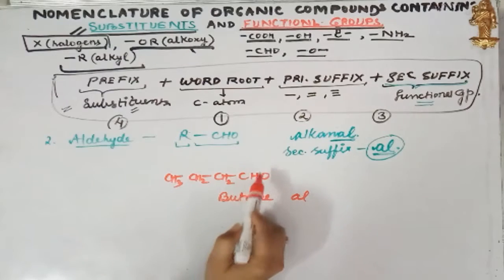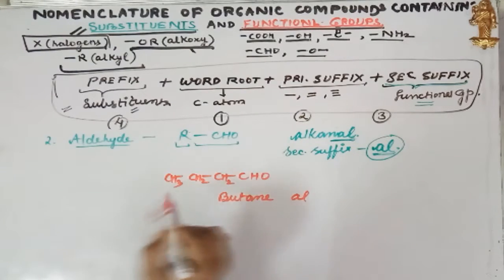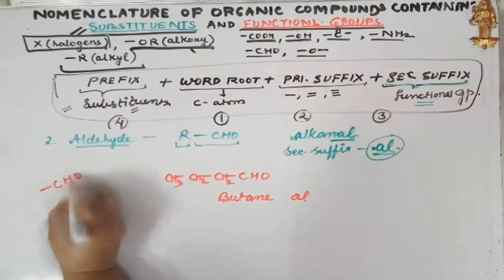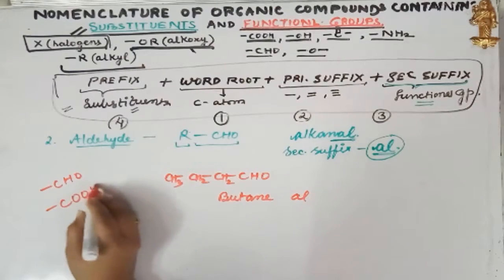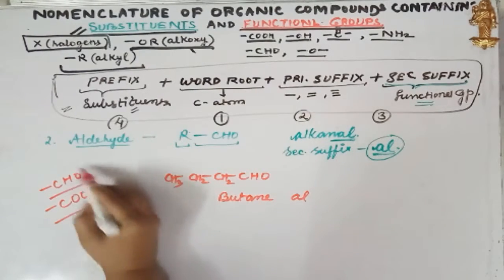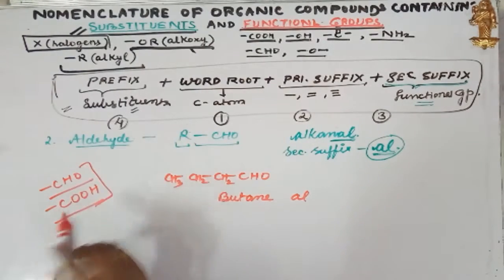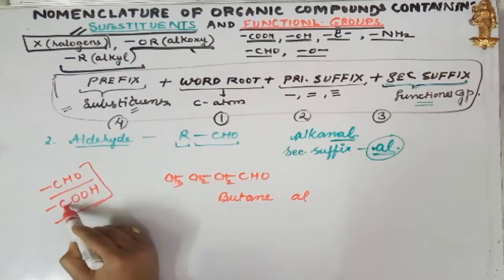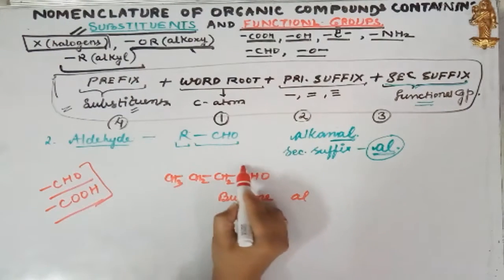We have to take care of one thing here. If there is an aldehyde group or one more group called the acid group, in both cases we consider these as a part of the chain and give them only the first position.